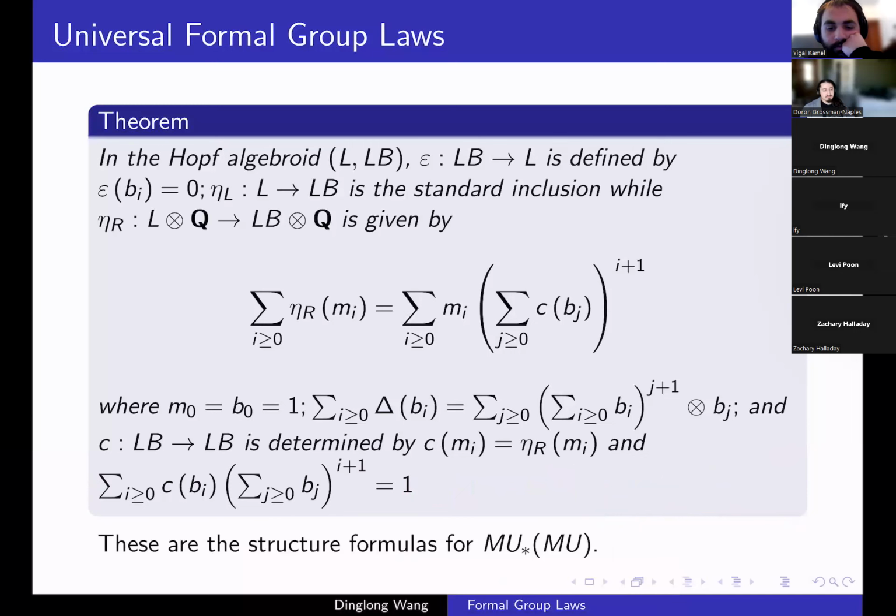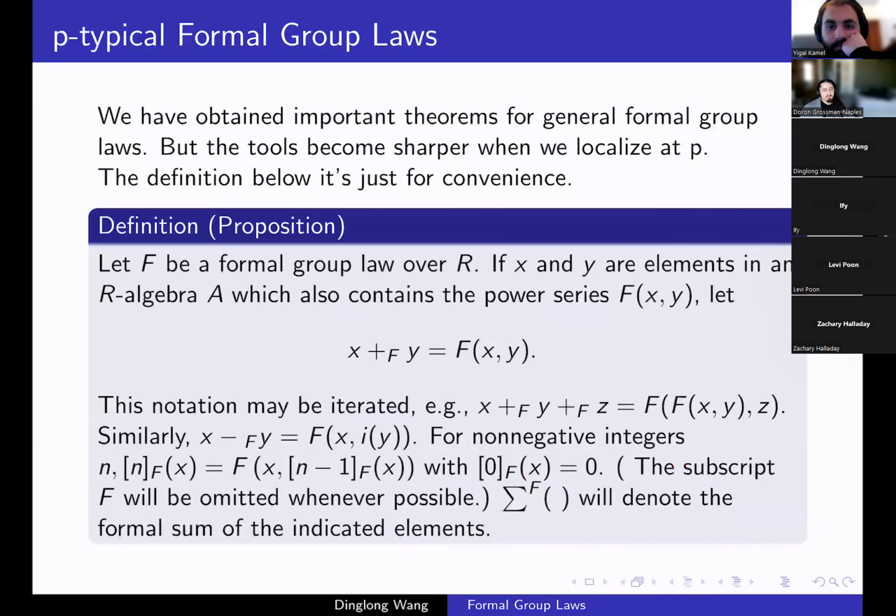So if we have these structure maps, we have obtained the important theorems for general formal group laws, but the tools become sharper when we localize at p. The definition below is just for convenience. If x and y are elements in an R-algebra A, which also contains the power series F(x,y), then we simply denote it by the addition symbol, x +_F y.